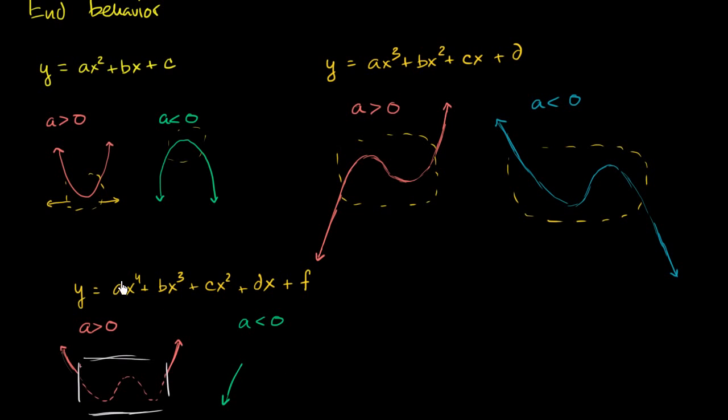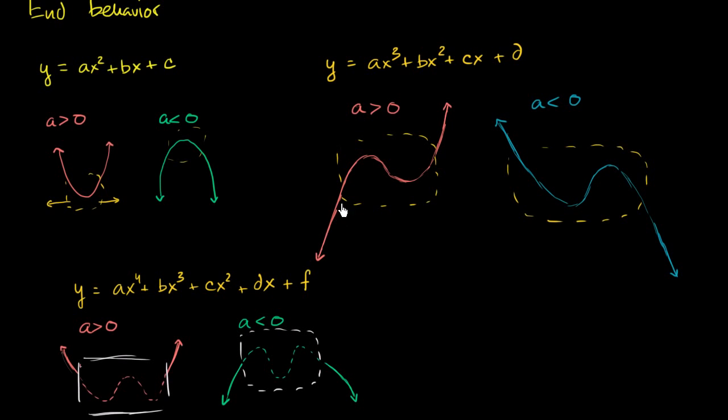And likewise, when x is really positive, you get the same thing, because you're going to be multiplying a positive times a, which is negative. And in between, it might do something like that. But its end behavior, you see, is very similar to a second degree polynomial. So if you ignore this, its end behavior is very similar.